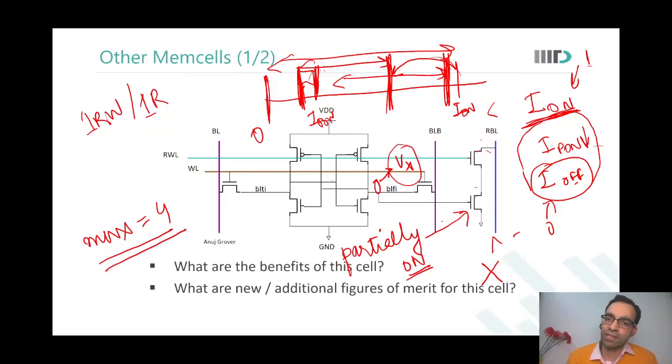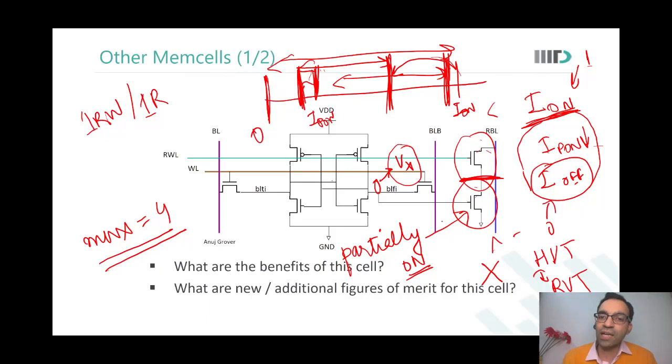We have just seen the layout of the SRAM cell. If I make this HVT, this also needs to be made HVT. Otherwise, do you see there is a DRC between HVT and RVT devices? I cannot abut them. So in an SRAM cell, you simply cannot say, oh, this device is low VT.